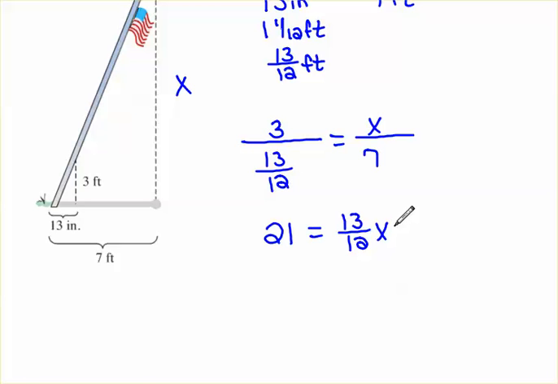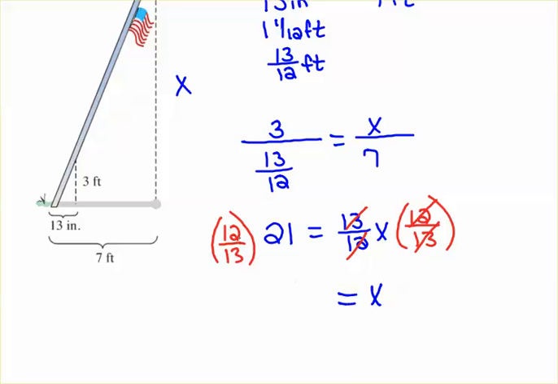And if I were to invert and multiply, because that's the best way to get rid of that, if I were to multiply both sides by 12 over 13, then that would cancel out my 13/12, and that would leave me with x equals 12/13 times 21. So 12 divided by 13 times 21 is going to be about 19.38 feet.